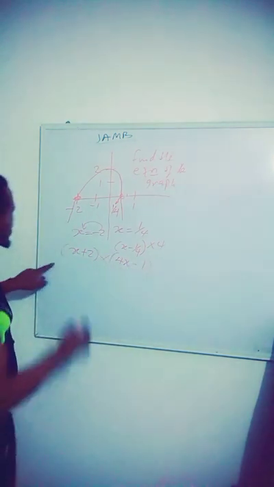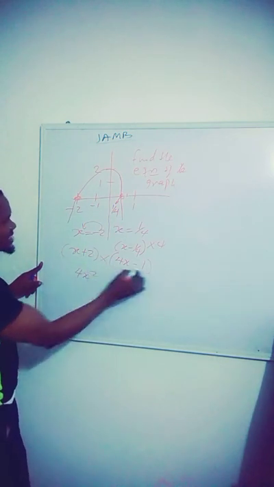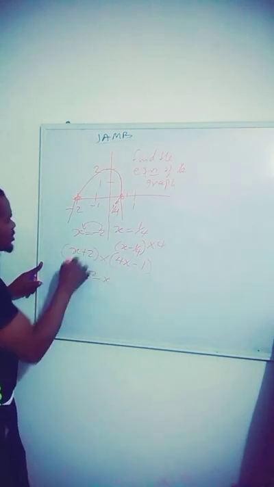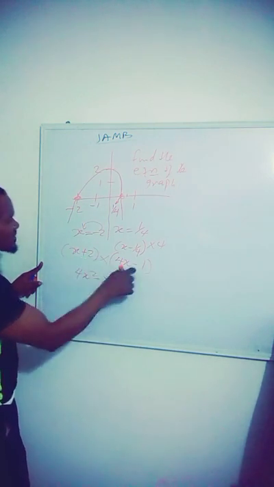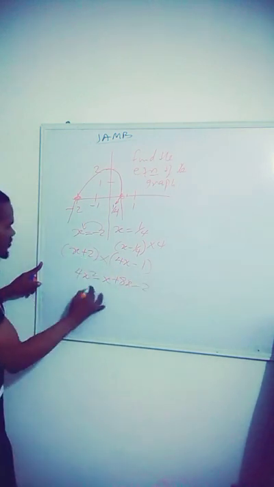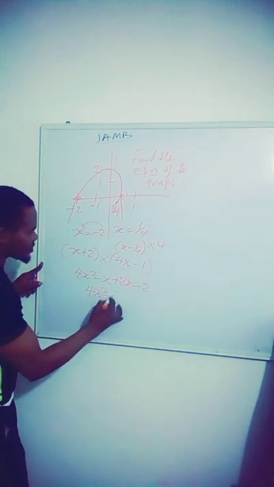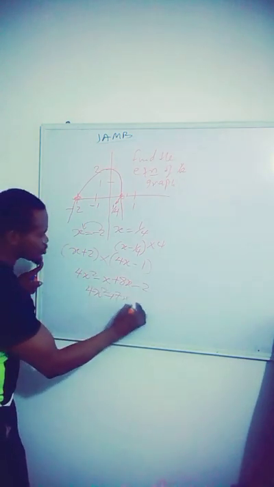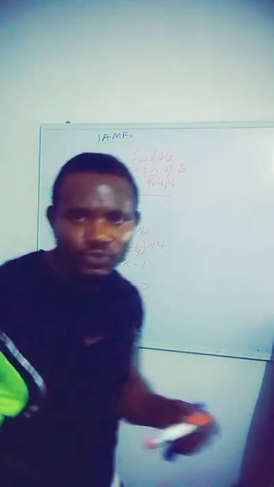So you multiply it. x times 4x gives 4x squared. x times -1 gives -x. 2 times 4x gives plus 8x. 2 times -1 gives -2. So 4x squared minus x plus 8x, that is plus 7x, then minus 2. So this is the equation: 4x squared plus 7x minus 2.